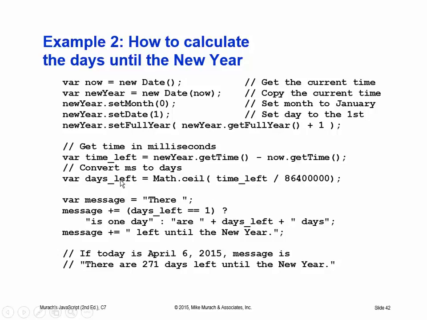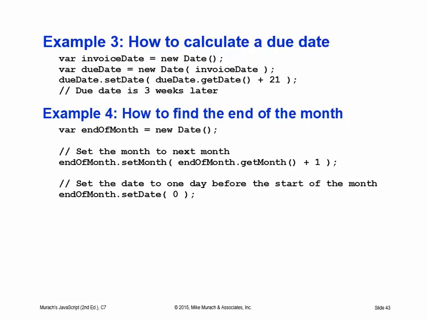For example, on June 8th, let's say, there's approximately 190 days till New Year's, and that's what it'll say. If I ran it tomorrow, it would be 189.